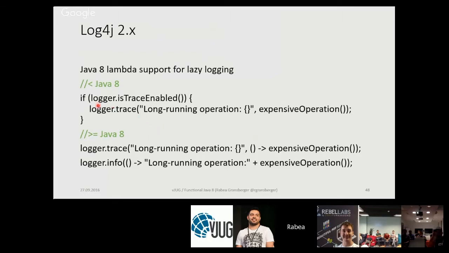For the trace method, we don't want to execute this expensive operation as tracing is not enabled, so you had to guard it with an if statement. Starting with Java 8 and Log4j 2.x, you can call the trace method directly, and for the last argument, you just pass in a lambda, so it doesn't get evaluated if tracing is not turned on. You can also pass in a message directly, which gets lazily evaluated as well.